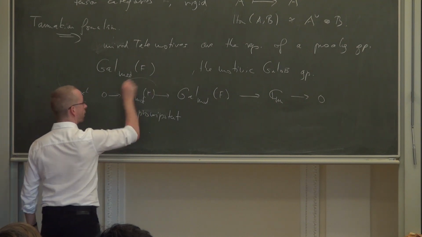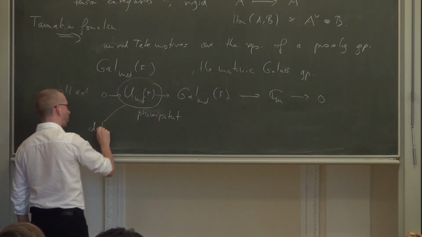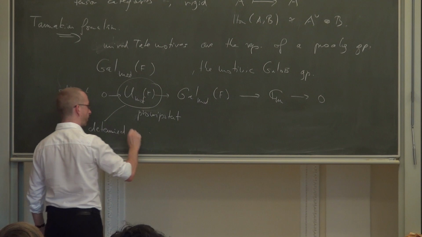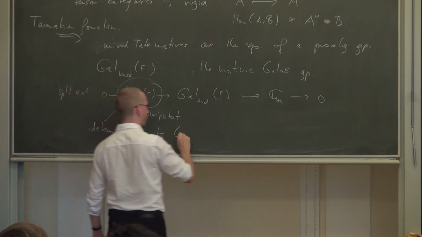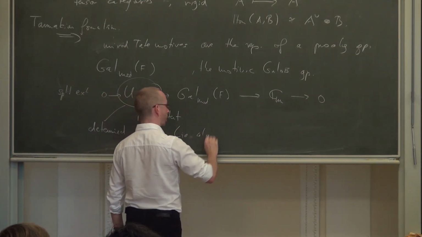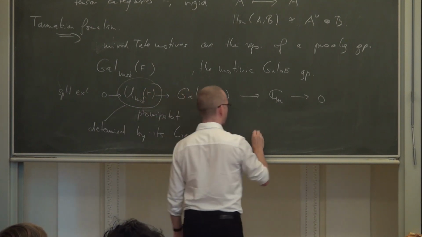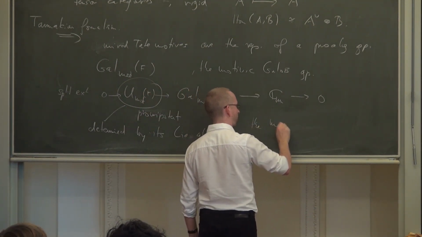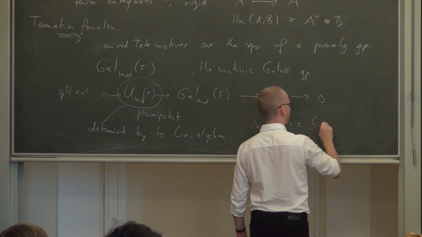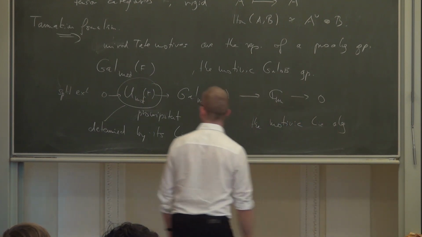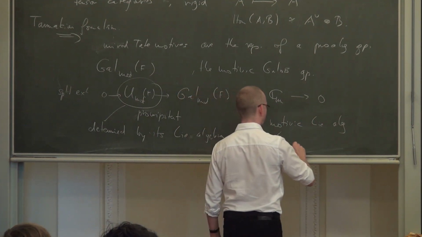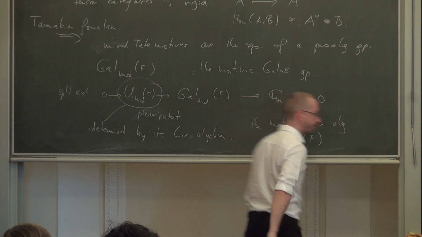So this thing here is determined by its Lie algebra. And this is called the Motivic Lie algebra. Let me say L mod of F.